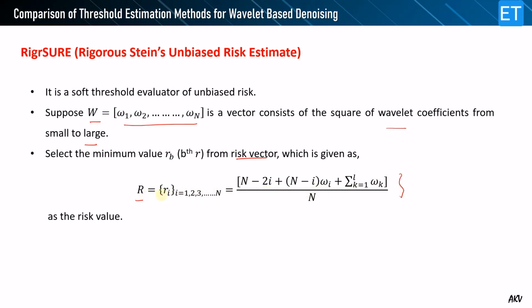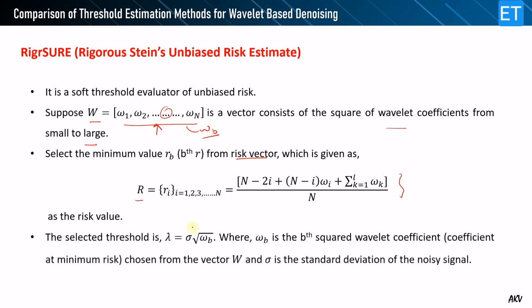When we have all these R1, R2, R3 up to Rn, then we find the minimum value of R, and for the corresponding index number we get the omega b. I mean, let's say the bth is the minimum, so we select the omega b from this vector, and with this formula we get the threshold value lambda.